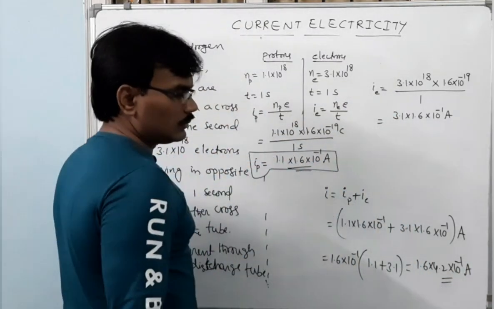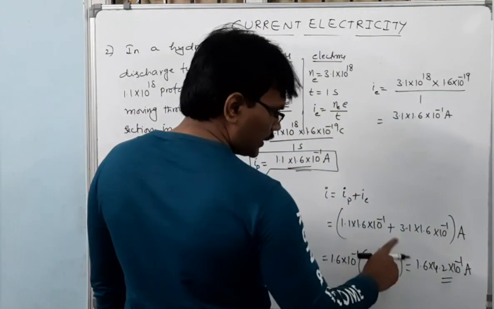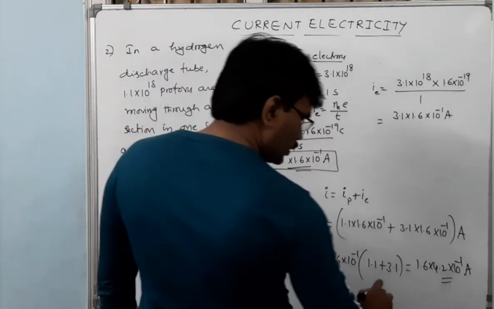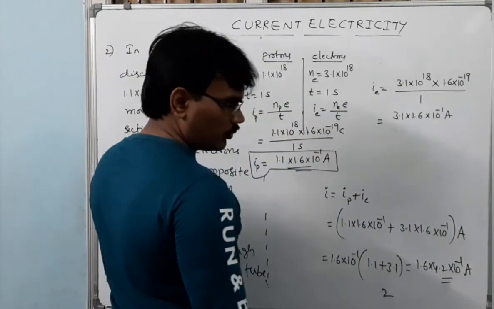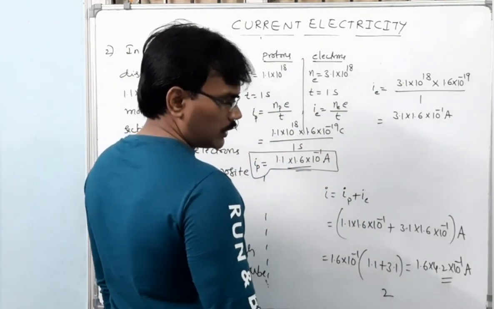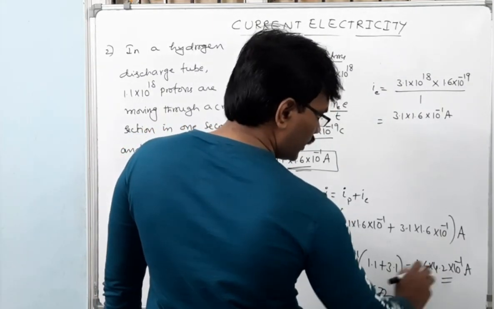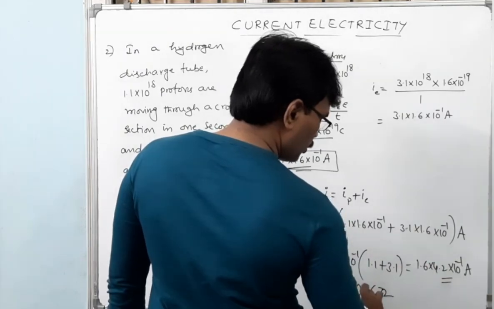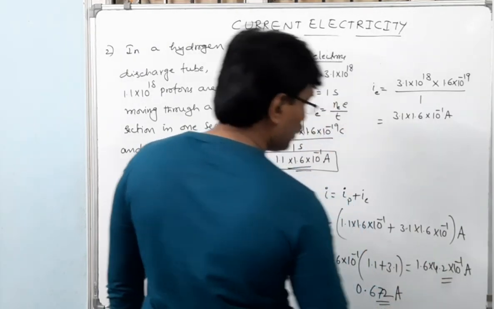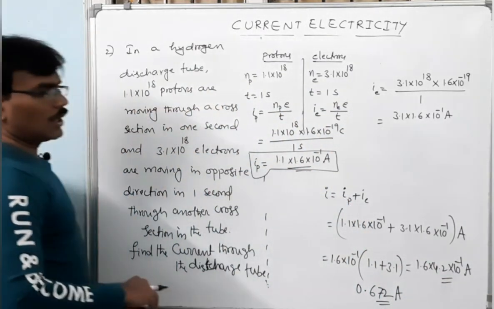Now if you simplify, 16 into 2 is 32, and 16 into 4 is 64, 64 plus 3 is 67. With the 0.2 and 10 power minus 1, 0.672 amperes of current will pass through the discharge tube.